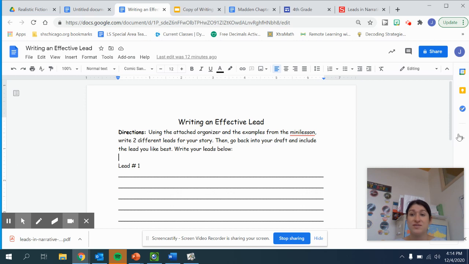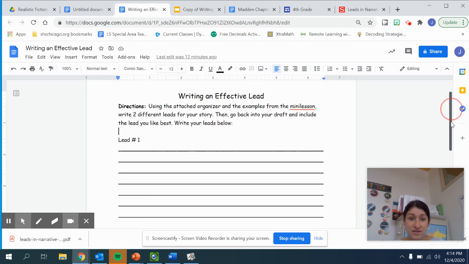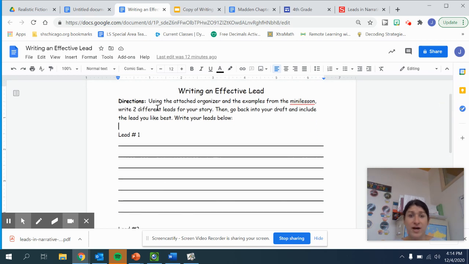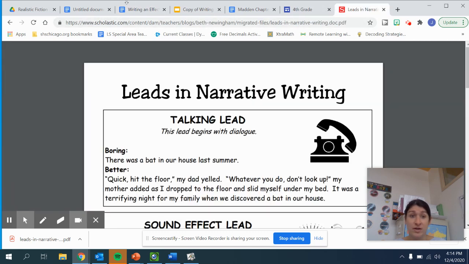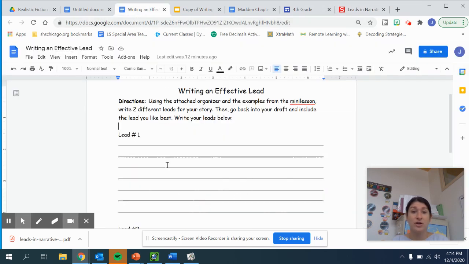You are going to use this organizer that you will see on Seesaw, the organizer that I just shared with you, this one, and you are going to write 2 different leads for your story. And then you're going to go back into your draft and include the lead that you like best. This might take you a little bit of time, and I want you to really, really think about how you can make your writing more interesting.